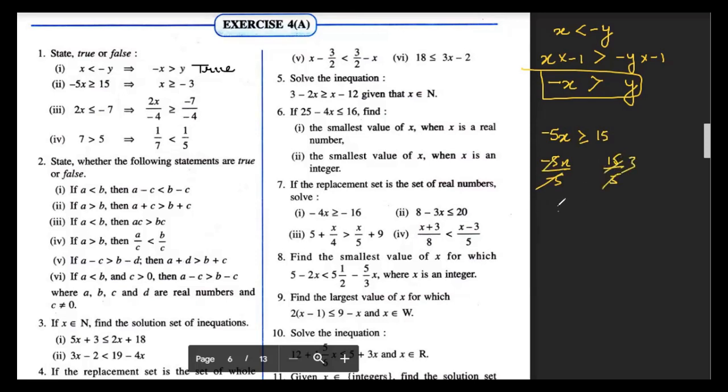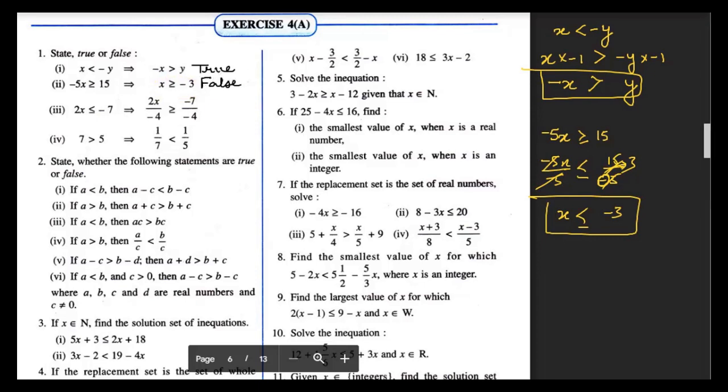What we are left with is x, and over here -3. Don't forget that there is a minus sign. The sign will reverse because we have divided both sides with a negative number. So this becomes less than equal to. So our inequation should be x less than equal to -3. But here it is not. Here we have greater than equal to -3. Hence this is false. This is wrong.